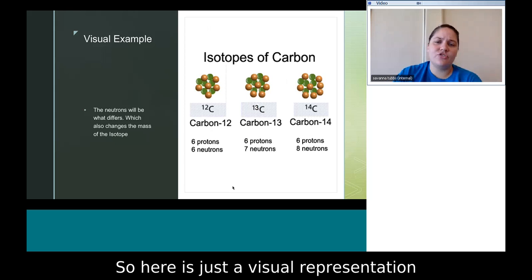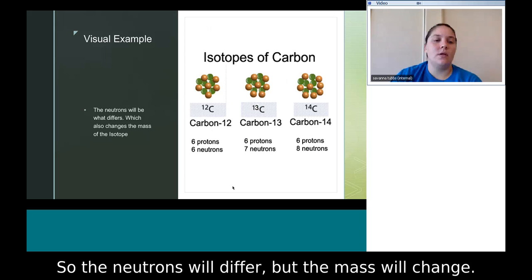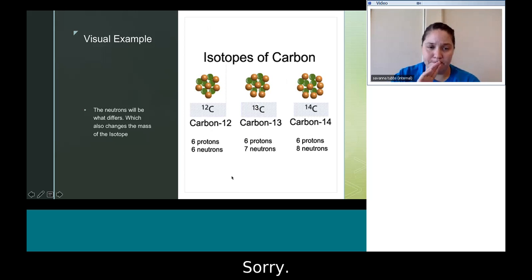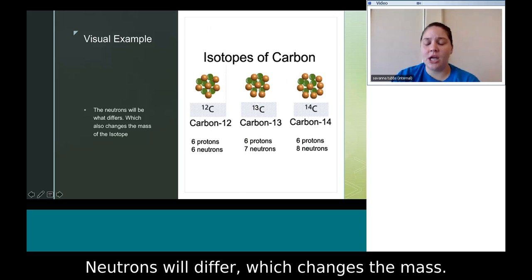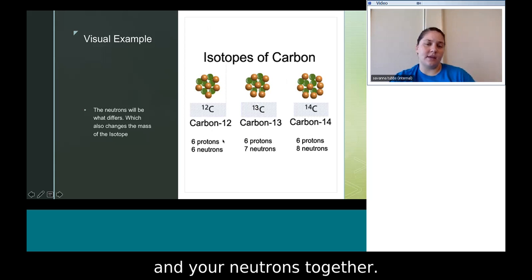So here is just a visual representation of what the carbon isotopes are. So the neutrons will differ, which changes the mass. So remember, your mass is your protons and your neutrons together.